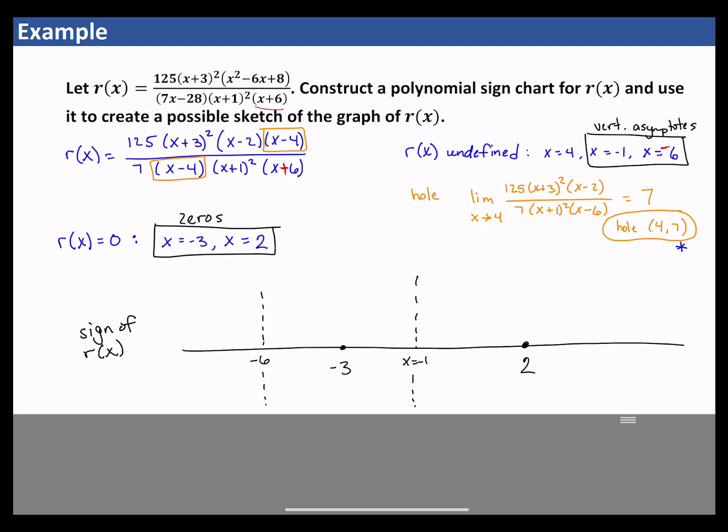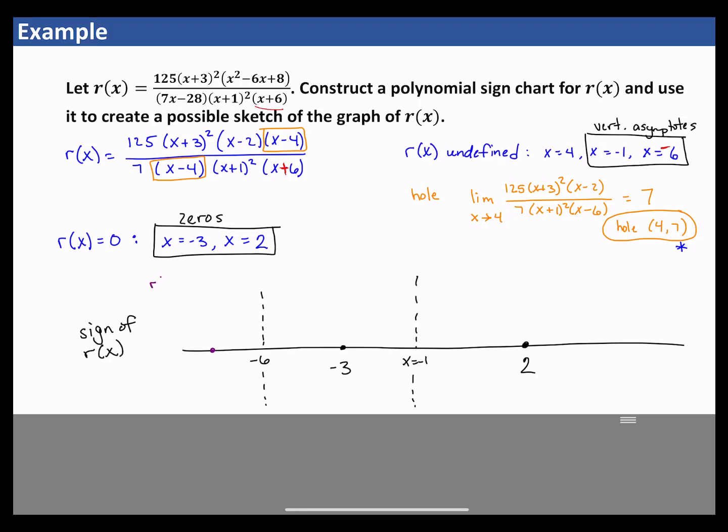And what we will do is analyze the sign of this rational function on each of these intervals. So we'll start with picking any value smaller than -6. I'll just use a test point of -10.